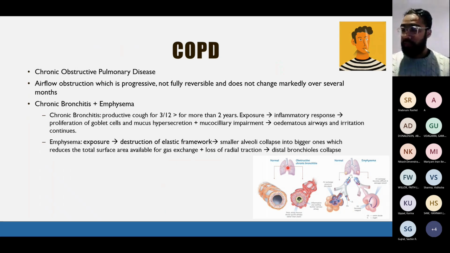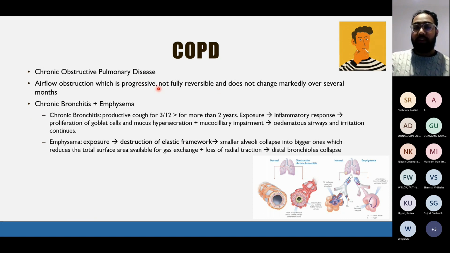So let's talk about COPD next. COPD is different from asthma in the sense that it is not intermittent, it's continuous. So this person is not breathless one day and then fine the next day. It's all the time, and it gets worse slowly over time. And it's not reversible.